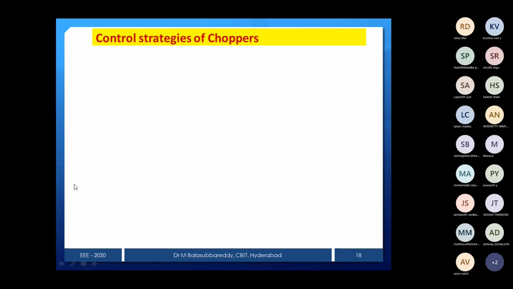Now we can see the control strategies of a chopper. So what is the control strategy? How is the delta going to be varied? What we discussed is, for step down, V out is equal to VDC into delta, and for the step up case V out is equal to VDC by 1 minus delta.